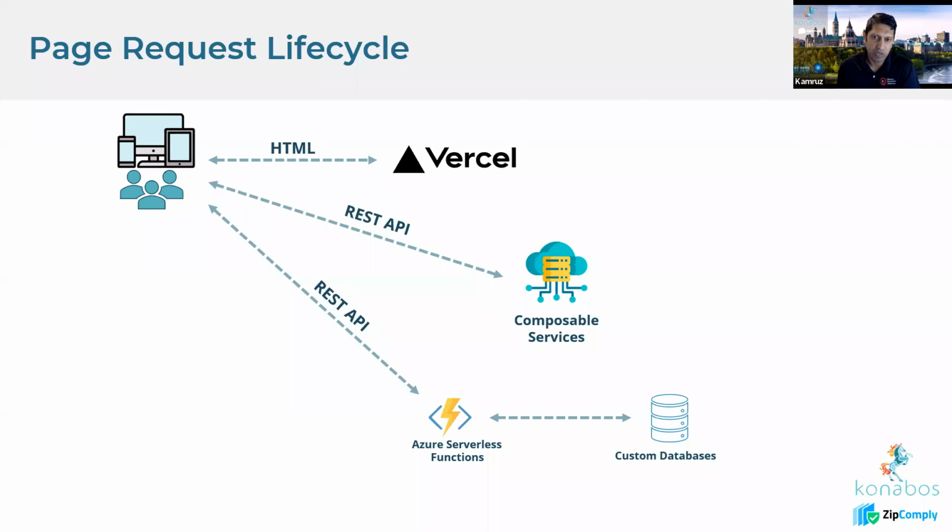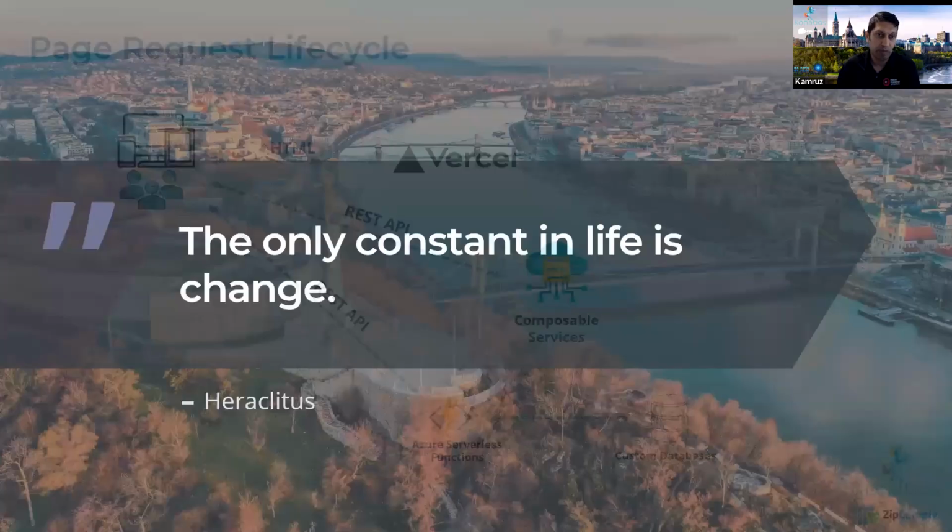We don't have to deal with any of the CDNs because Vercel will just handle all of the caching for us. So you need to think about that lifecycle differently. You're now moving dynamic functionality onto the front end via REST services and APIs, rather than putting that directly into your pipelines.